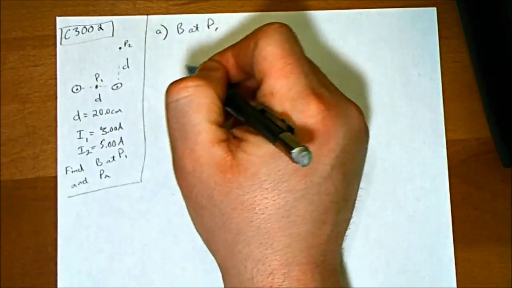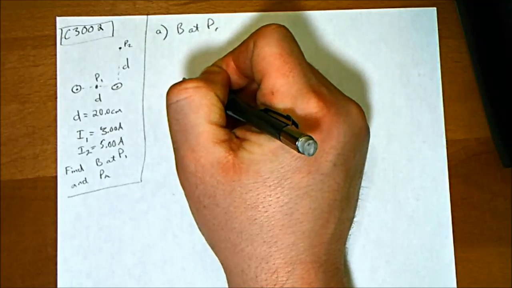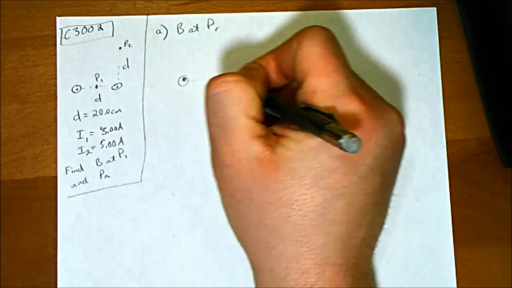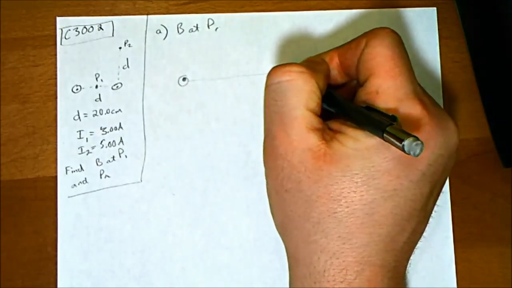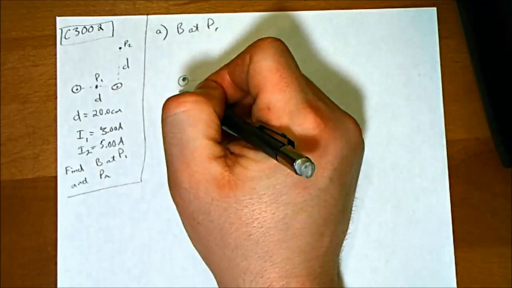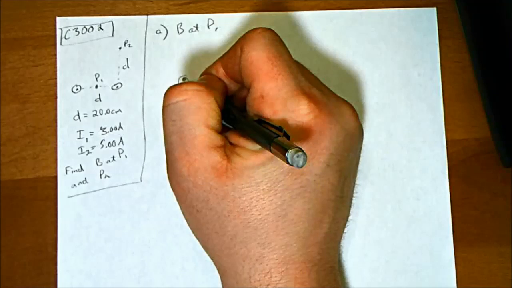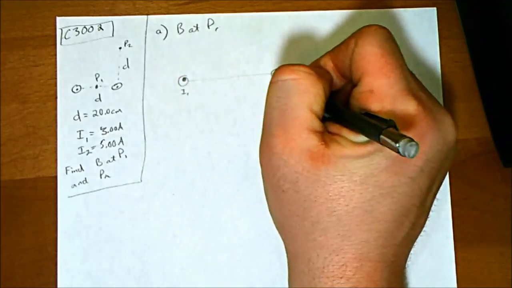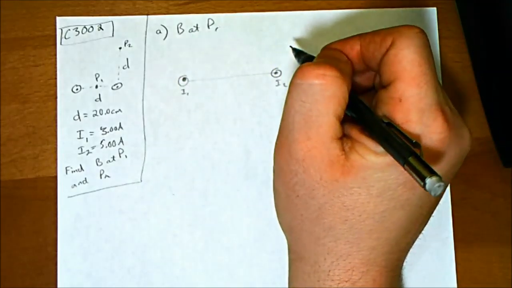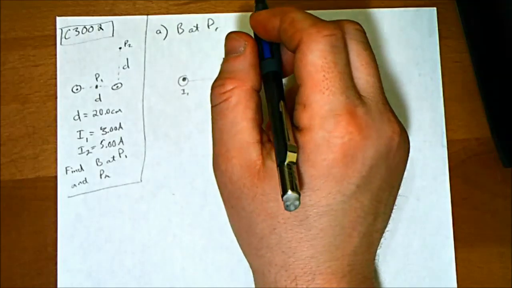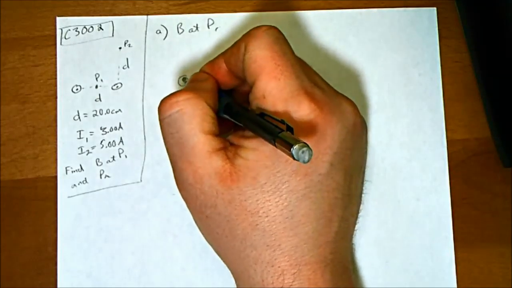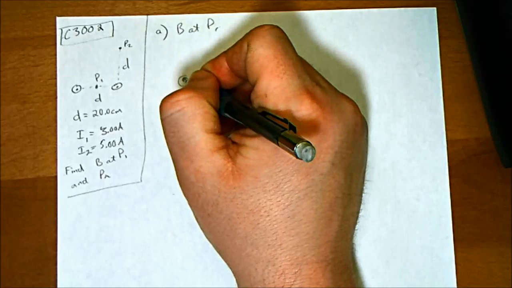First, let me draw this in a little greater detail. So we have this wire, and we have the second wire, and they're both coming out of the page. The currents are coming out of the page towards you. So this is I1, this is I2. So what is the direction of the field surrounding this wire on the left?